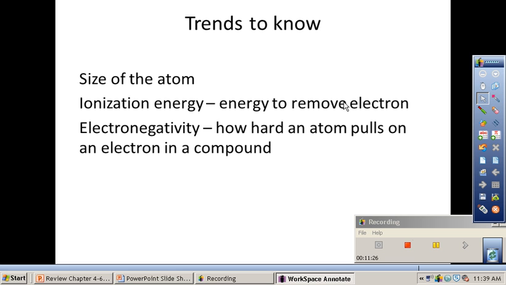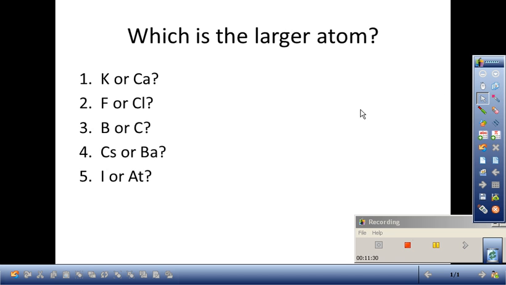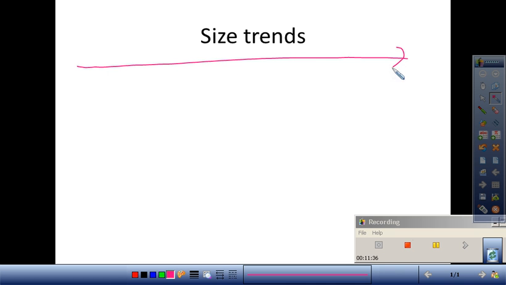Let's look at size of the atom. How are the causes going to affect the size? Well, we said the main factor going across is that it gets stronger. Stronger nucleus, stronger pull. And it's pulling the electrons. So this guy, pretty weak. This guy's pretty strong.